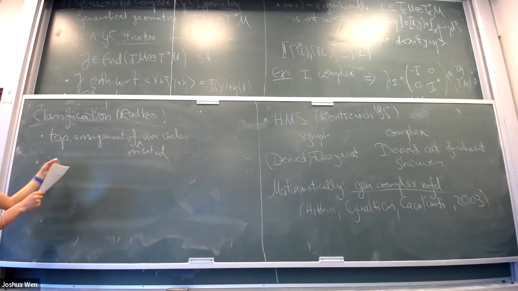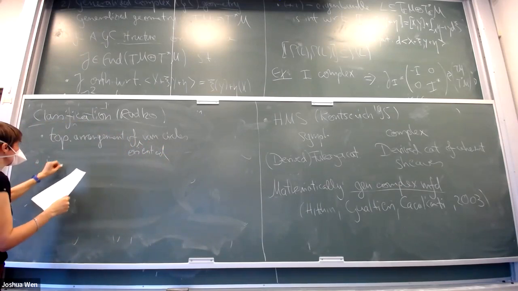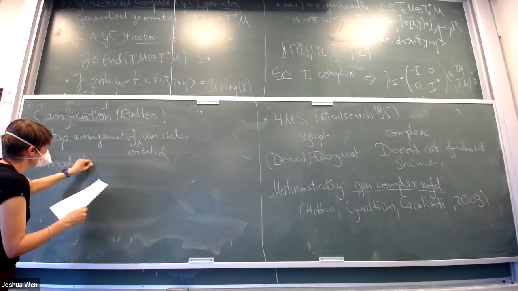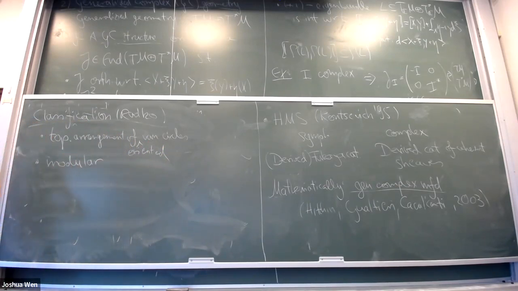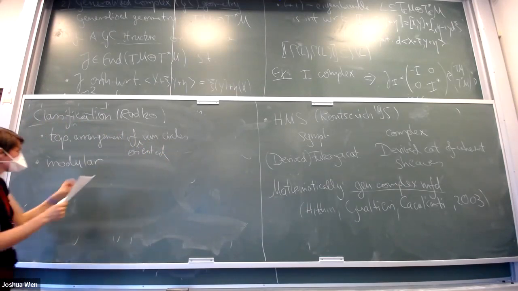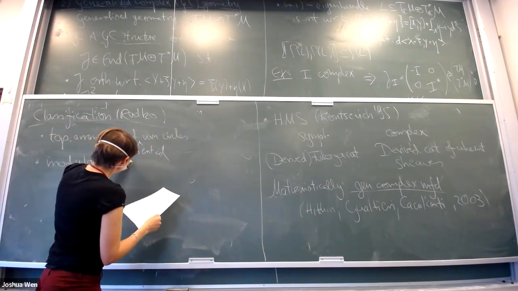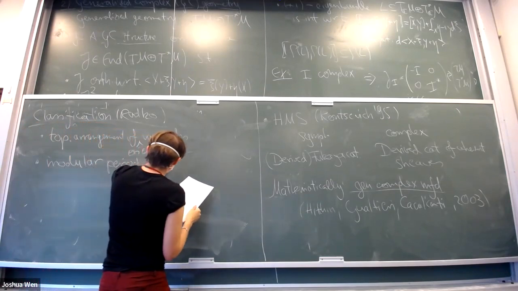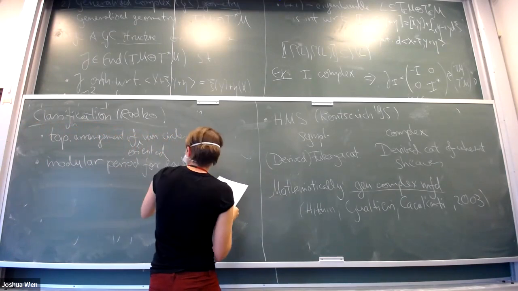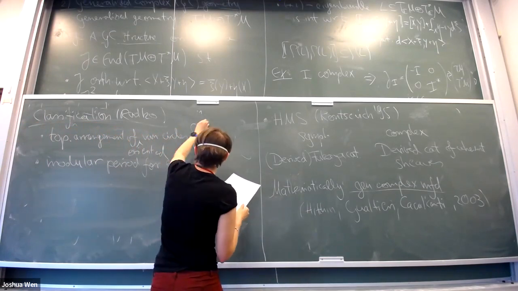Then to each vanishing circle, there's an associated positive constant that's called the modular period. For people who know Poisson geometry, this comes from integrating the modular vector field along the vanishing circle. So we're going to call this gamma I.